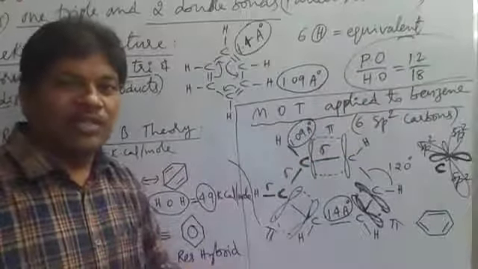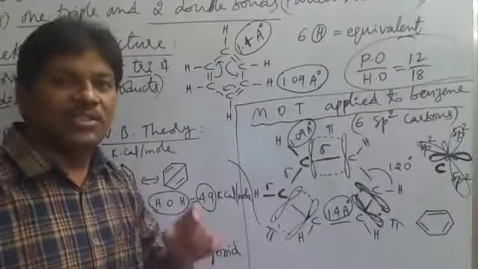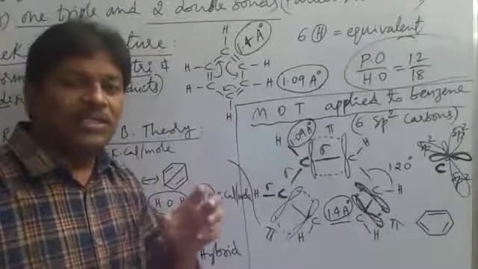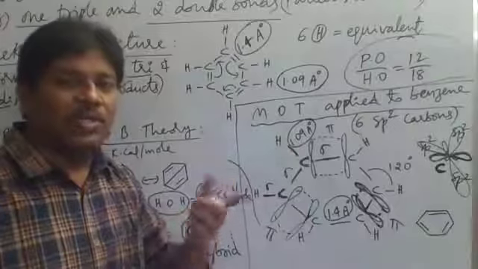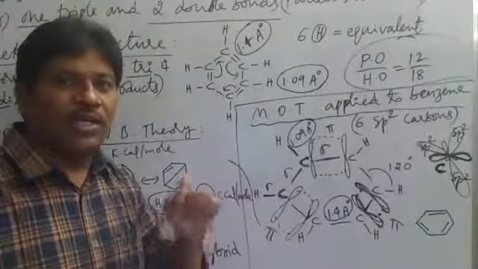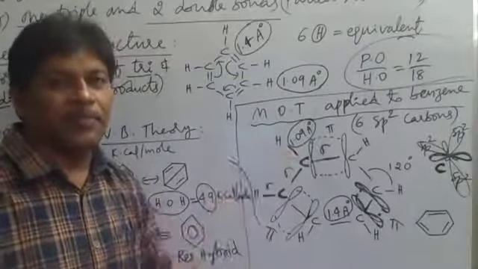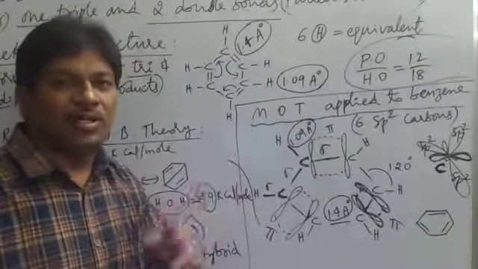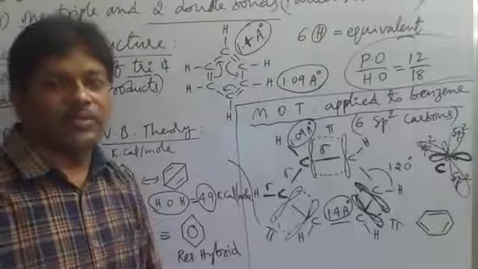Benzene is also an unsaturated compound with 3 pi bonds, but its properties are different from those of alkenes and alkynes. So the open chain structure of benzene is not correct to explain it.